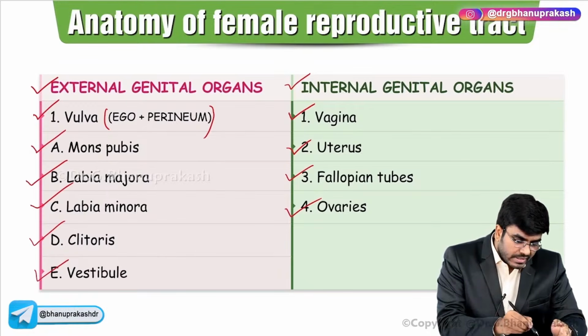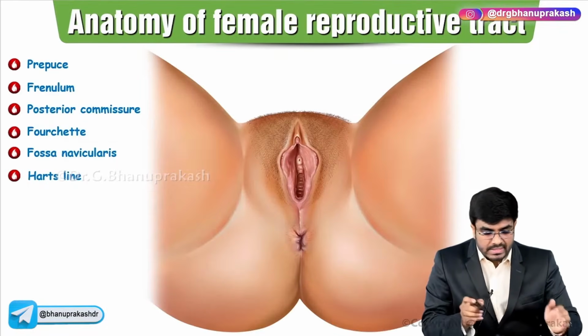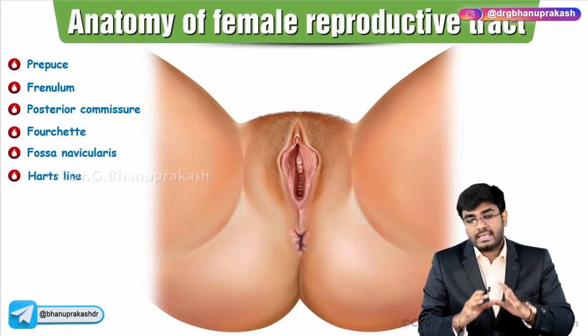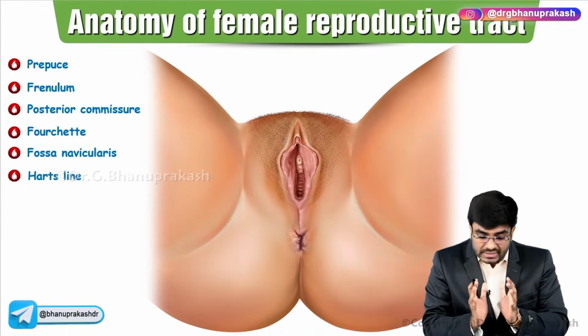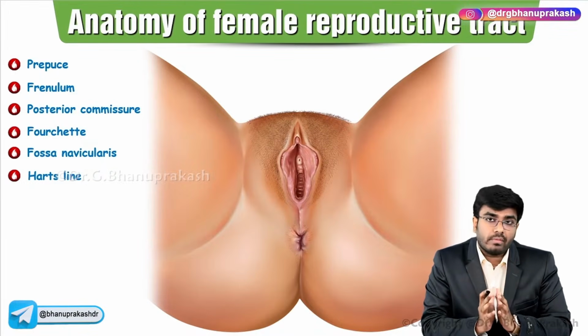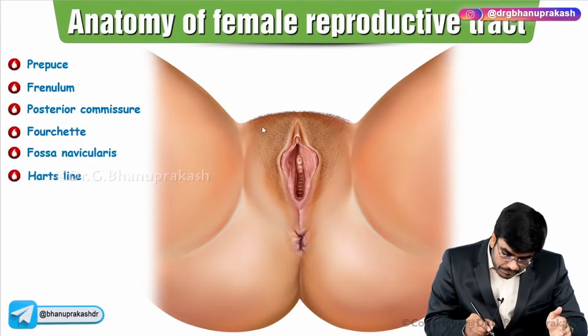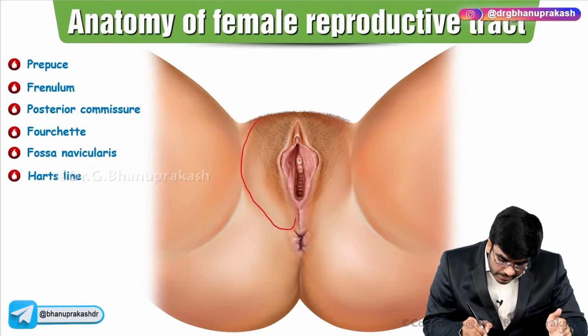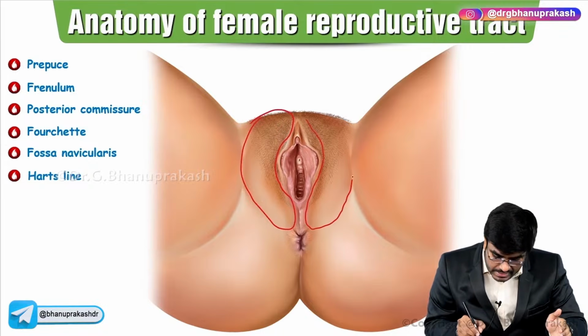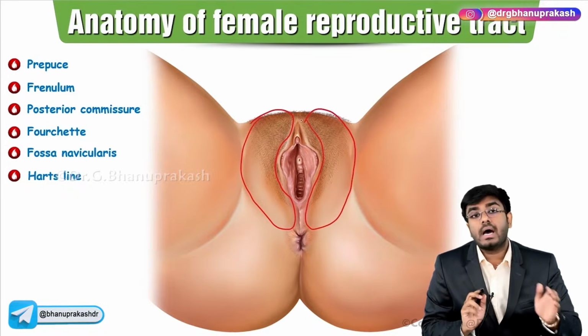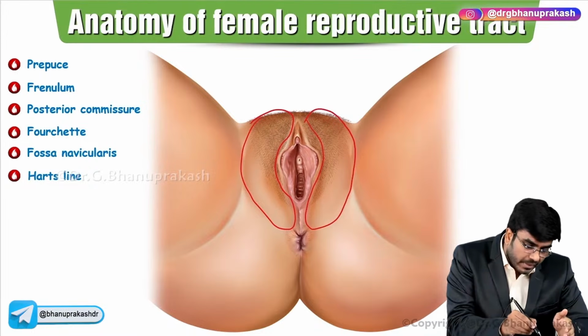Now please concentrate guys. See in this image what you can see with your eyes. So this part is nothing but the vulva. Guys, in this vulva, these folds which I am highlighting to you right now, these folds which are present laterally, are known as labia majora.